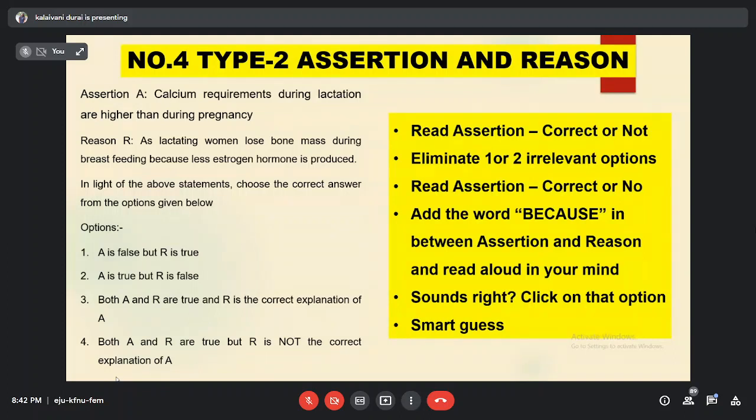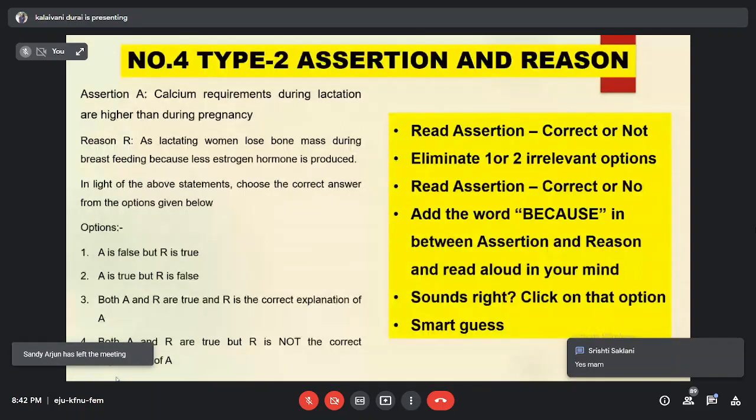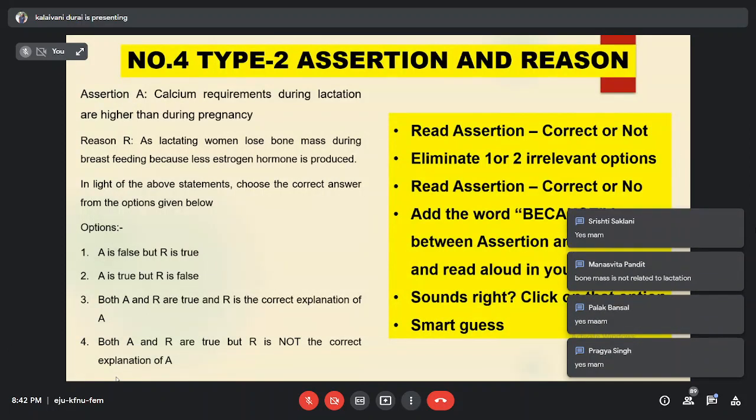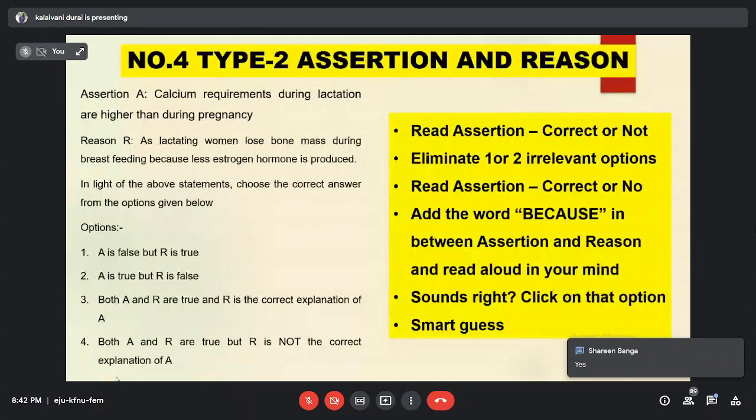Because lactating women lose more bone mass during breastfeeding. I'm asking, is any meaning coming out here or not? From this angle, I feel that option 3 should be correct.